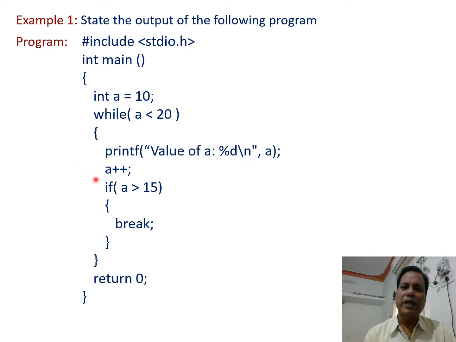After that, a plus plus increases the value of a. Then if a greater than 15. So here we see that a greater than 15, a is 11, so this condition is false. So we exit the if statement.